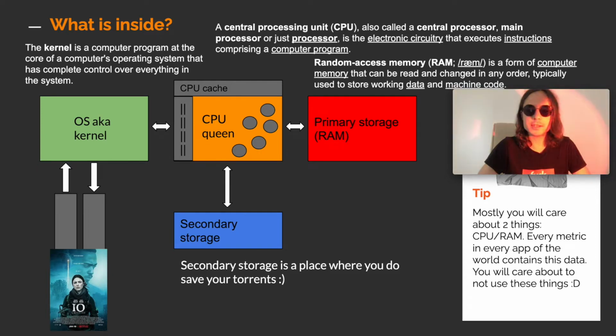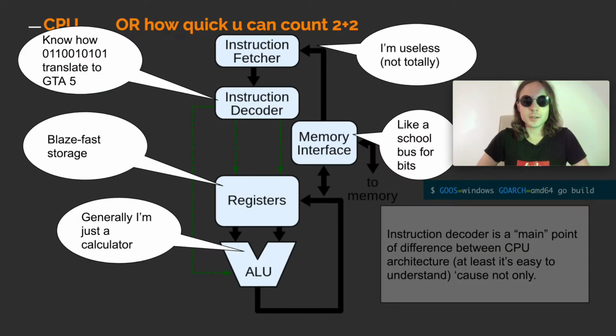So let's talk about the CPU on the second slide, a few words about how the CPU works. On this schema you can see the main components of almost every CPU, and a small explanation of what these components are doing.